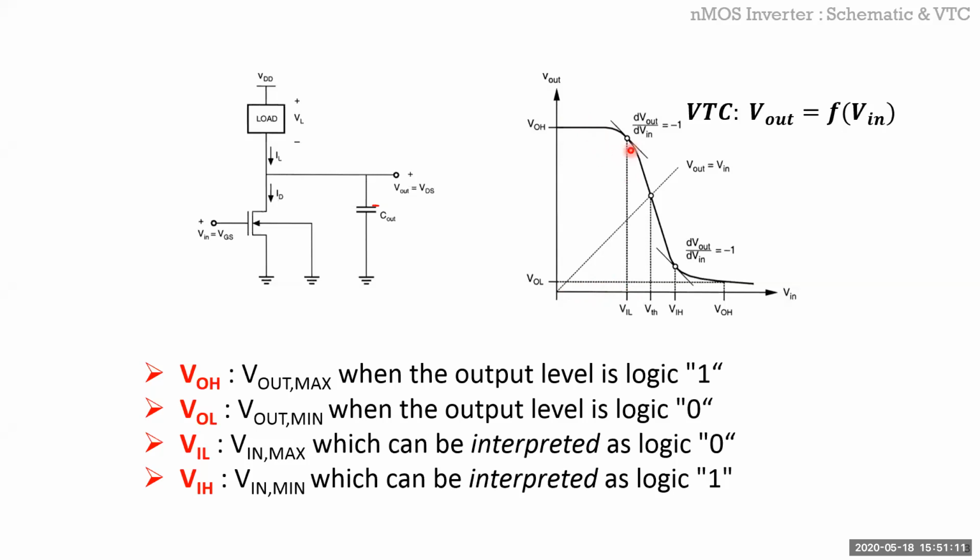Okay. And the point where it is calculated is when this slope, dVout versus dVin, that is the delta Vout with respect to delta Vin, is obviously 0 here. It'll slowly start increasing at the point when it is -1. When I said increasing, I meant the magnitude of it.